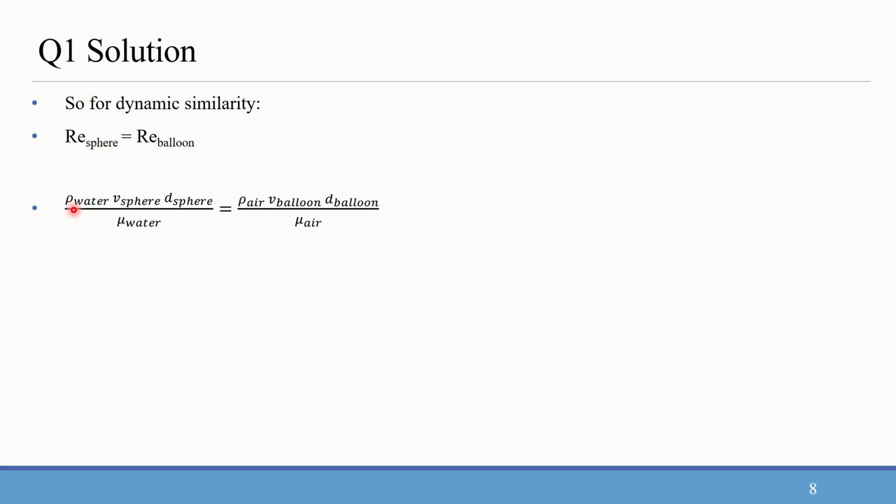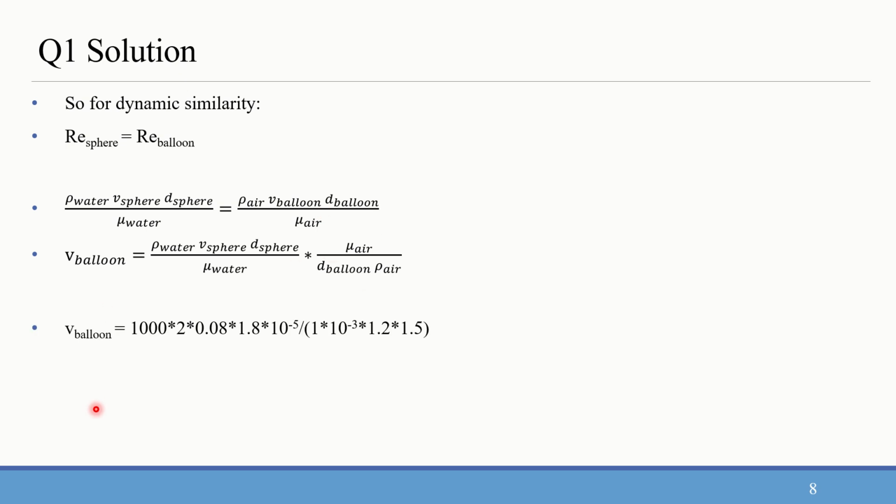So now v balloon is unknown, so we can keep it and take all other things to the other side. So rho water, v sphere, d sphere by mu water, into mu air, divided by the diameter of the balloon into the density of air.